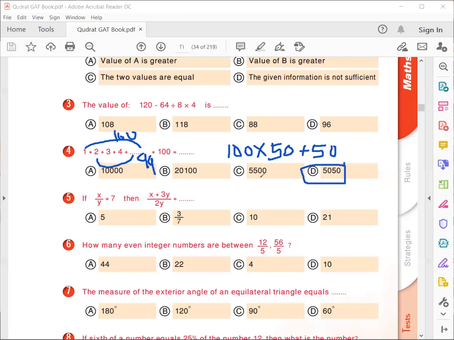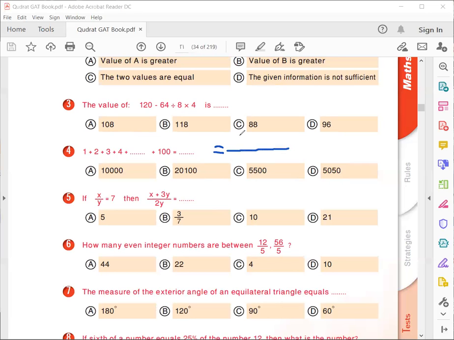I have a rule also. How do I get the answer with the rule? If you want to get the sum of numbers, you can write this rule: X times X plus 1 over 2.